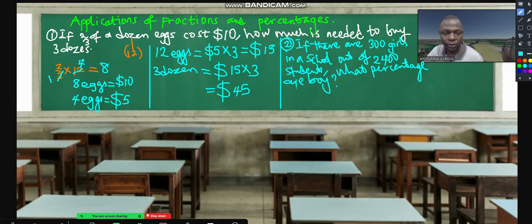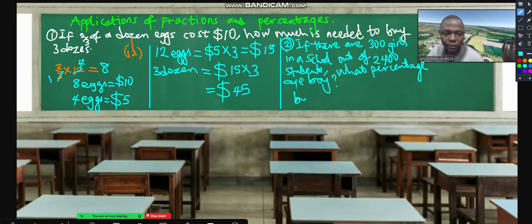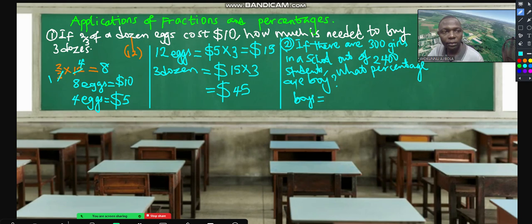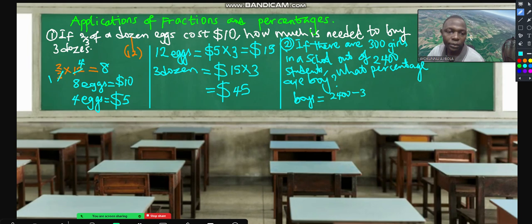Or you just subtract first: boys equal to 2,400 minus 300, and that will be 2,100 boys.